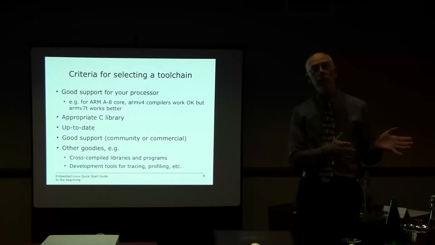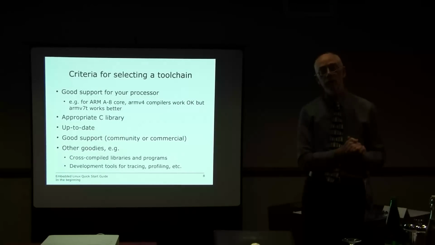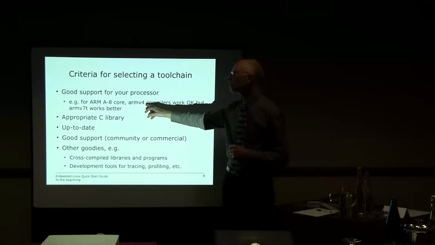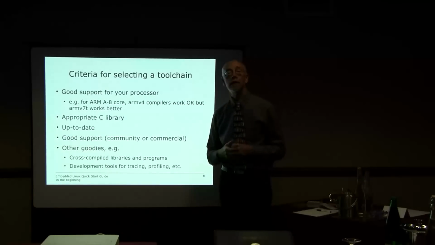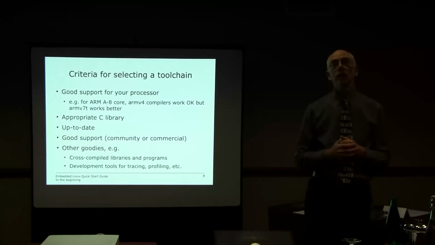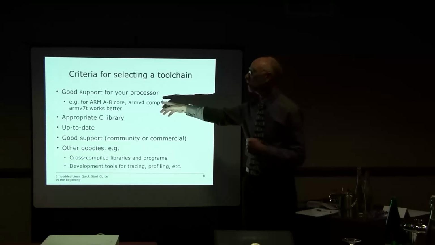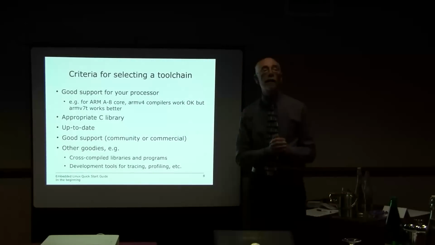But because ARM processors are backwards compatible with previous versions, you could actually use an ARMv4 compiler and it would work absolutely fine. It just wouldn't be using the maximum benefit of that processor. So, for example, Debian ARM is actually compiled for ARMv4t, which is ARMv4 plus interworking.